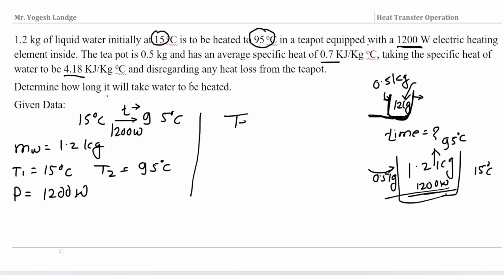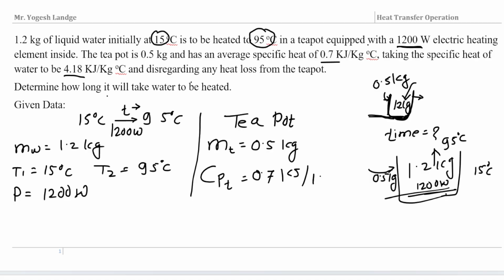For the teapot data, let's consider the mass of the teapot is 0.5 kg as given, and the specific heat of the teapot, which is denoted by CPT, is 0.7 kilojoule per kg per degree Celsius.